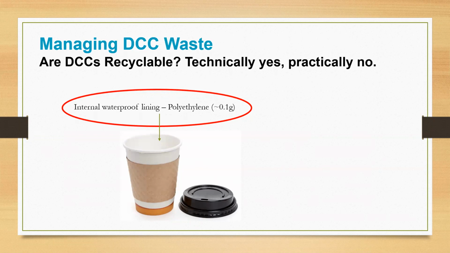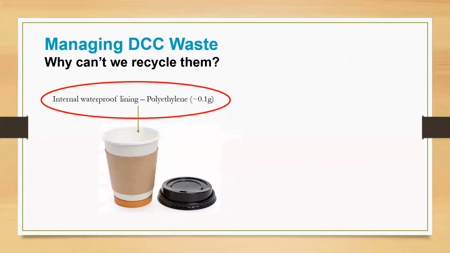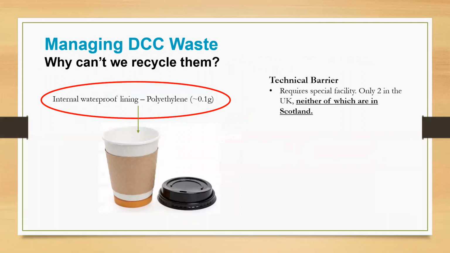Pulp and paper recycling is an industry of margins, where something that requires extra cost is often not going to be focused on by recyclers. So that's our first technical barrier. It requires a special facility to recycle these cups. There are only 2 of them in the UK, and neither of them are in Scotland.